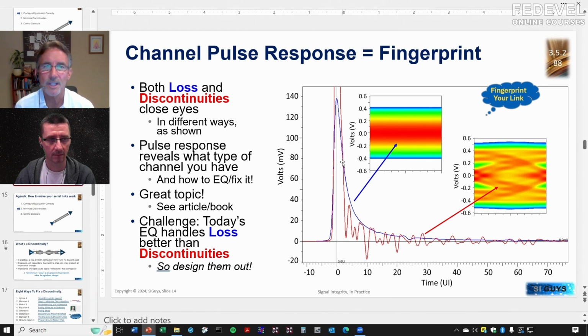It goes for a long time, but that's what loss does, and it shrinks your eye into something you just can't find, right? Now, when there's lots of reflections and lots of discontinuities, look at that chart. Sometimes it's adding to your eye, sometimes it's subtracting. It's just like waves bouncing all over the place, right? So look at how that closes your eye.